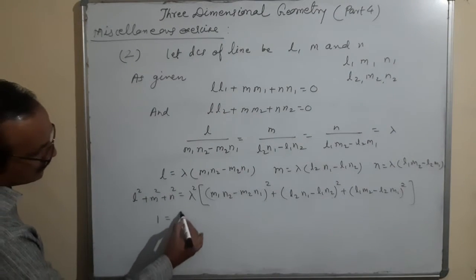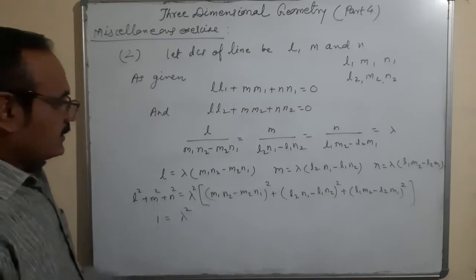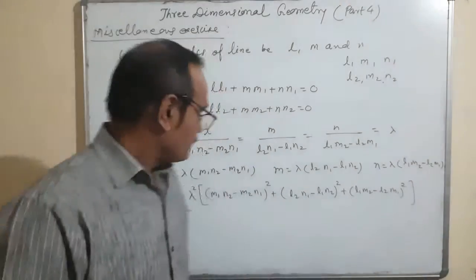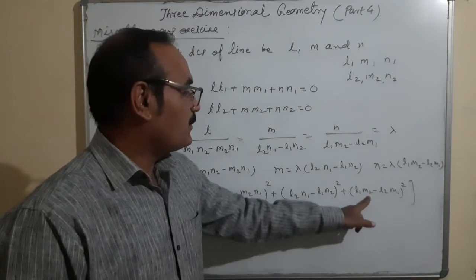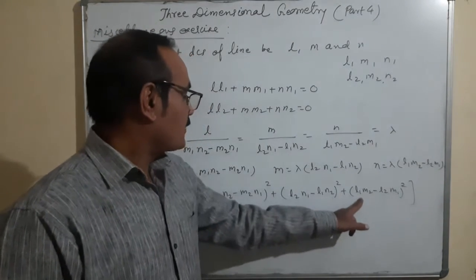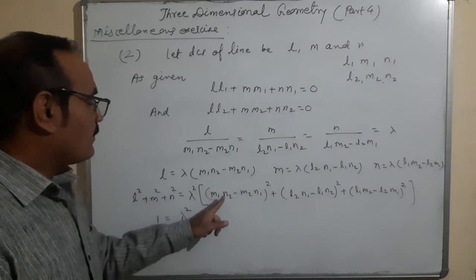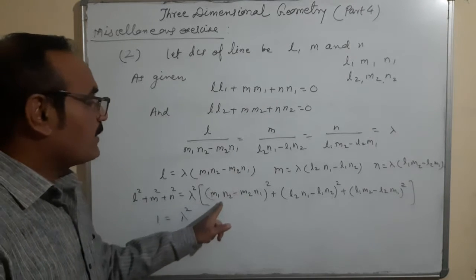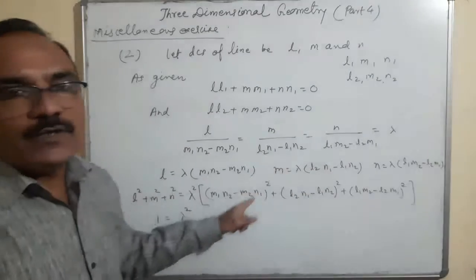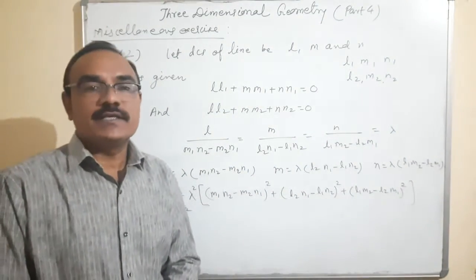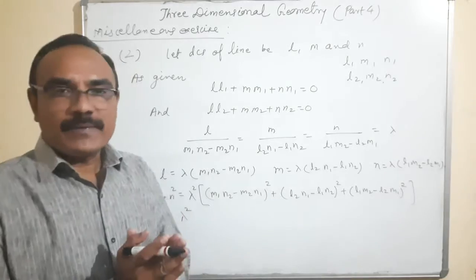So 1 is equal to lambda square times this term, which is the sum of squares of l1 m2 minus l2 m1, m1 n2 minus m2 n1, and n1 l2 minus n2 l1. The value of this term is sine squared theta, where theta is the angle between them.